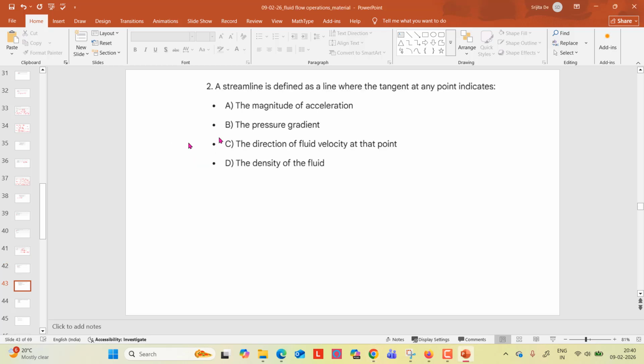Next, a streamline is defined as a line where the tangent at any point indicates the direction of fluid flow velocity at that point.